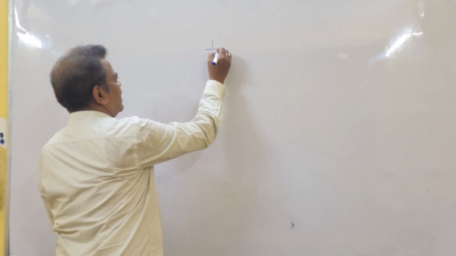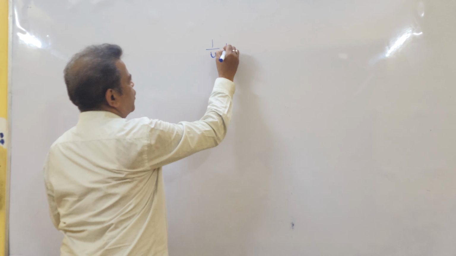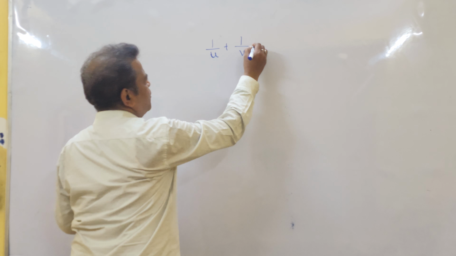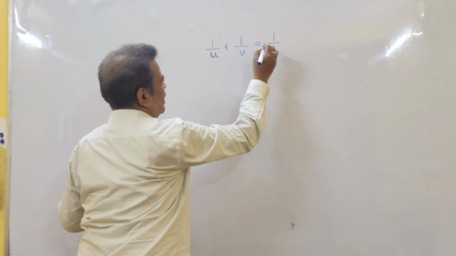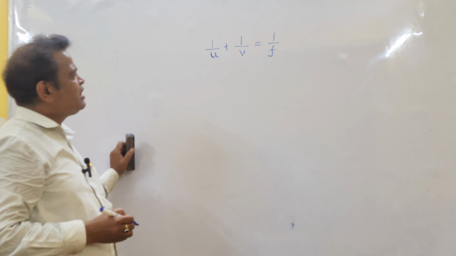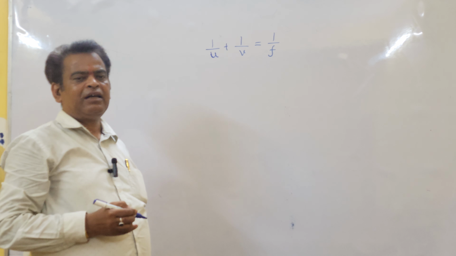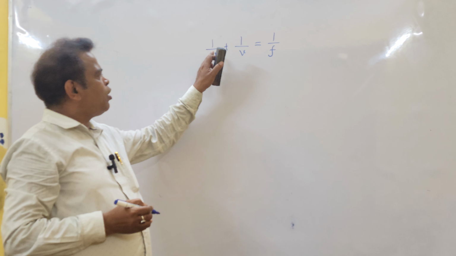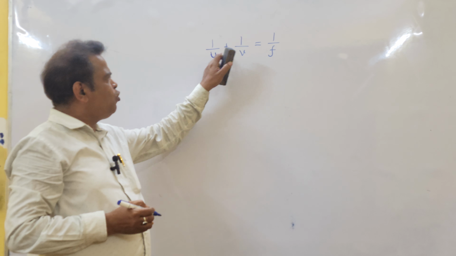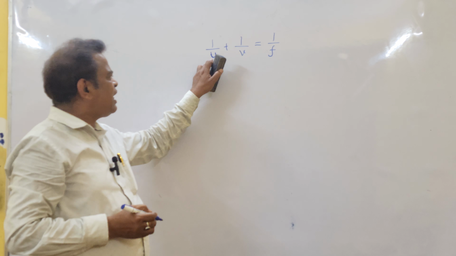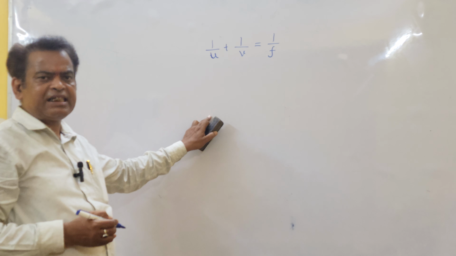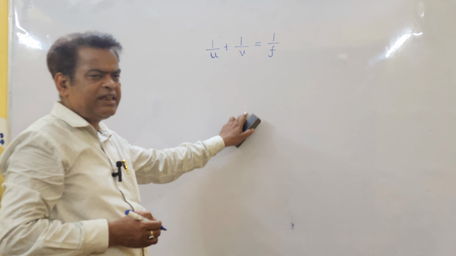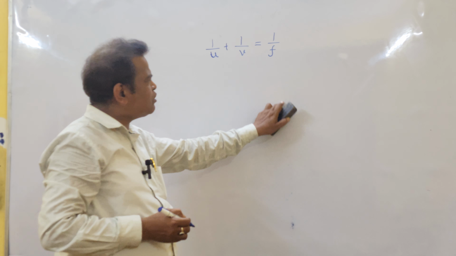The mirror formula is 1 by u plus 1 by v equals 1 by f. Of all these, u represents the object distance, v represents the image distance, and small f represents the focal length.